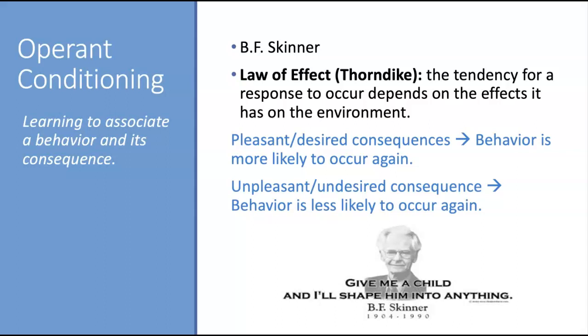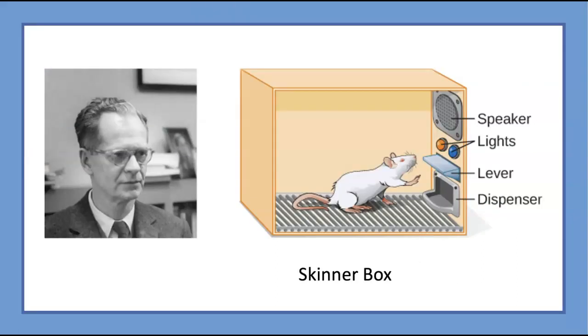Now, in order to study this, Skinner conducted experiments primarily with rats and pigeons to determine how this type of conditioning occurs. To do this, he would place animals inside an operant conditioning chamber, which is now more commonly known as a Skinner box. This is a box containing a food dispensing mechanism.